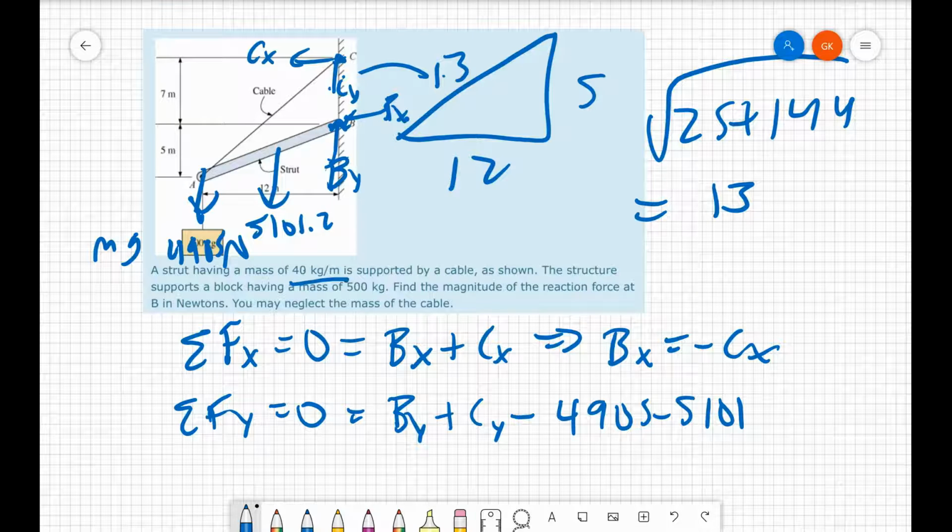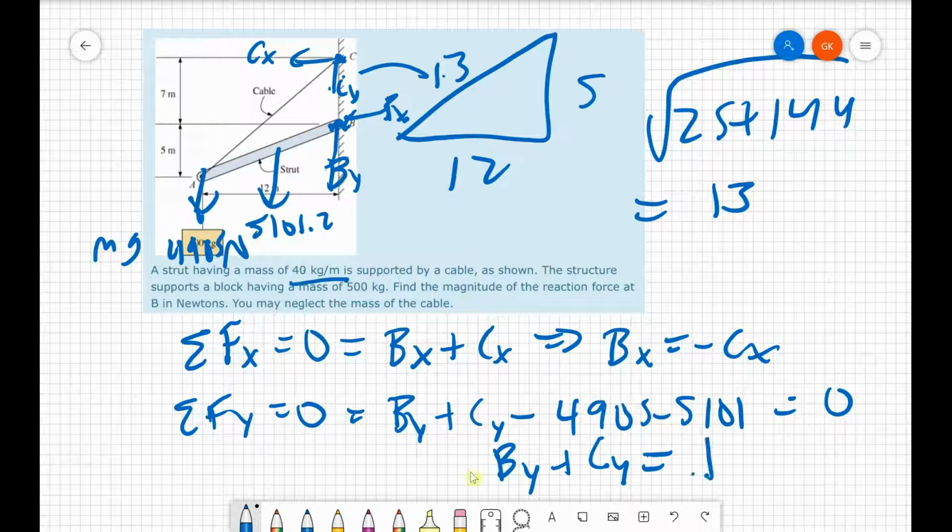Okay, and that equals 0. Therefore, By plus Cy equals, and let me see here, that would be 4905 minus 5101. Do my math in my head here, people.